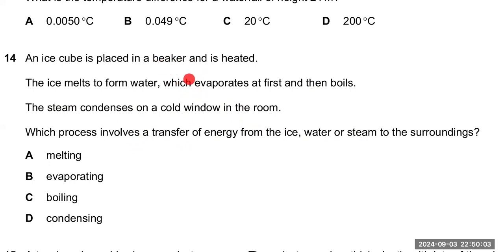If you look at the statement, they confuse the candidate. The reason is that at the start he has mentioned the ice is placed in a beaker and is heated. In the first case you are heating the ice.